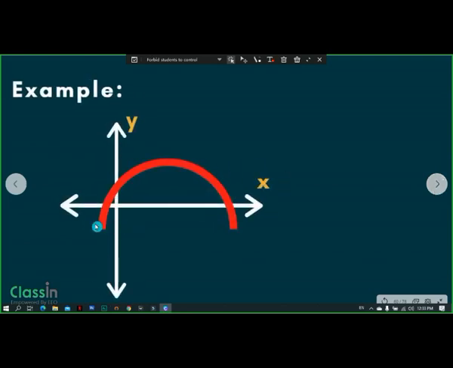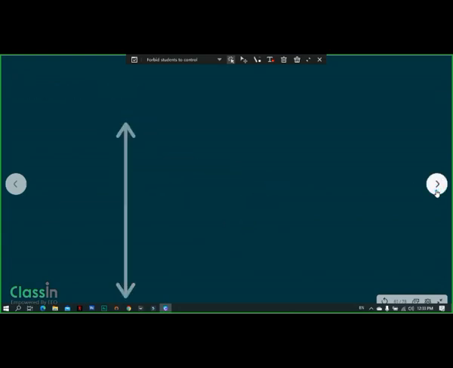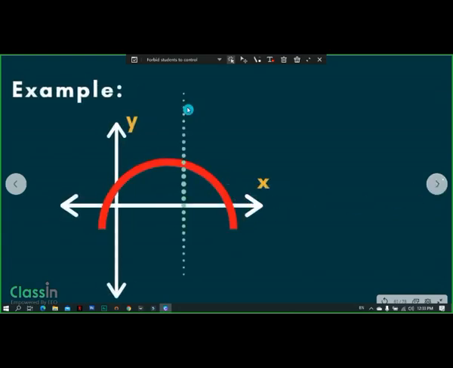Okay. Pag nag-graph po tayo ng ganito, ito yung graph natin, magta-try tayo mag-draw ng vertical line. Makikita natin kung ilang beses siyang magko-cross dito sa graph na red na to. Pag isang beses lang siya nag-cross, ang tawag natin is a function. Pag dalawang beses siya nag-cross dyan sa red, ibig sabihin hindi na siya function. Therefore, relation na siya. This example, nag-drawing tayo ng vertical line.